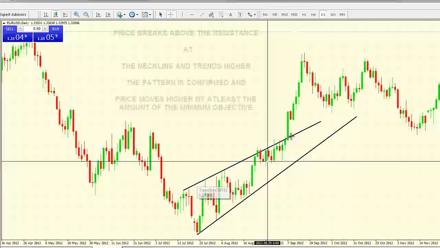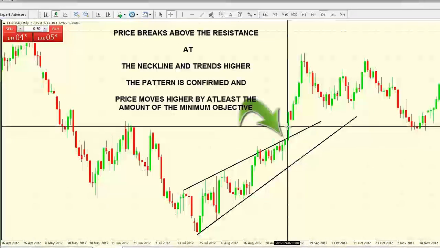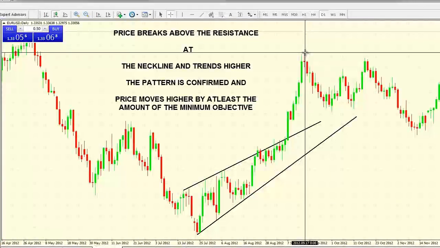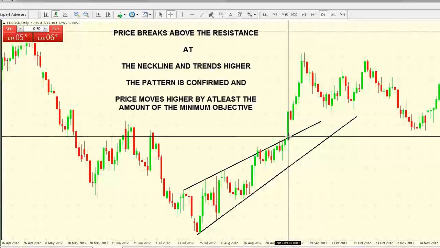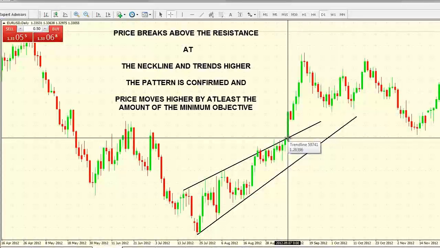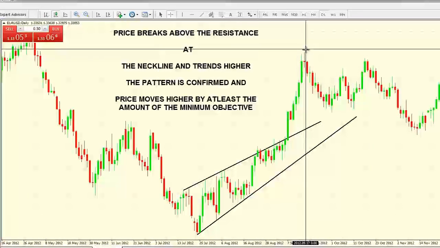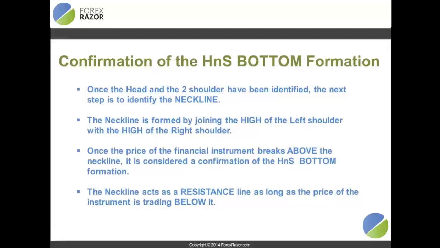What this means is that once the price breaches the neckline from below, the price is expected to rise at least 300 pips above the neckline, which was the case as we can see here. The price rose from the level of 1.26396 to a high of 1.31750.